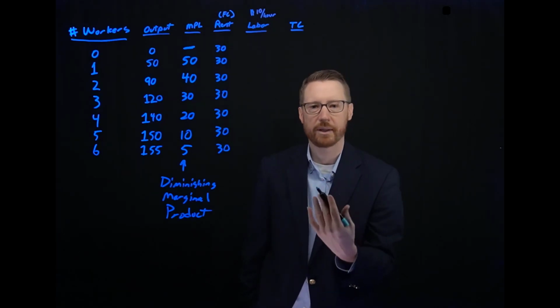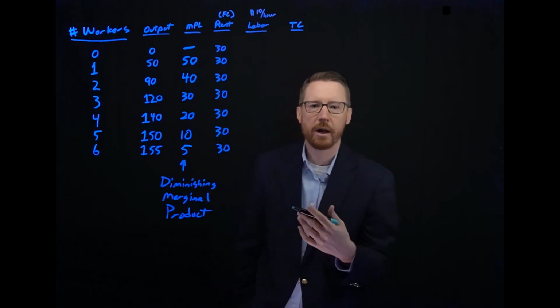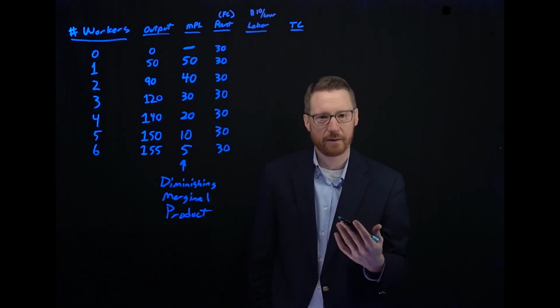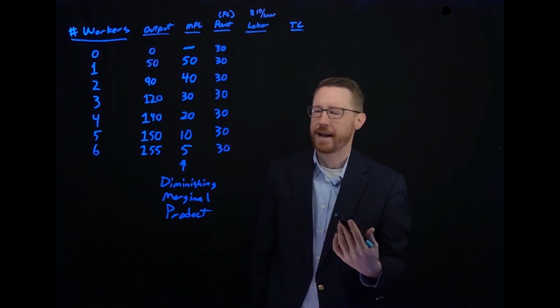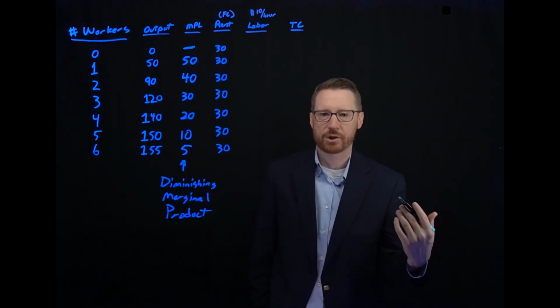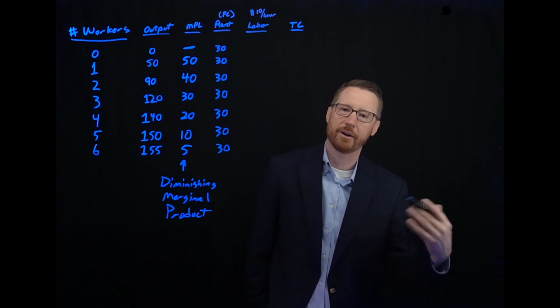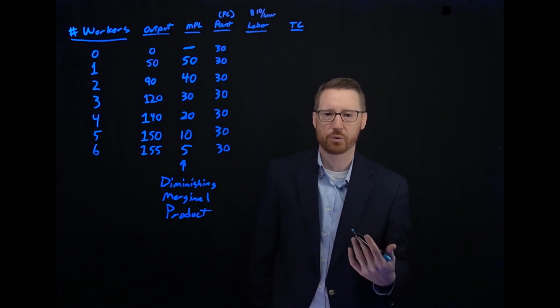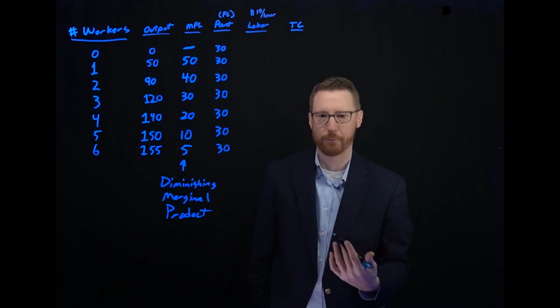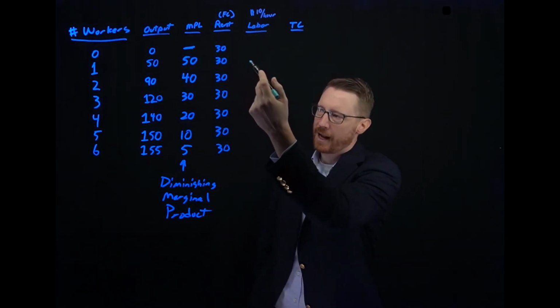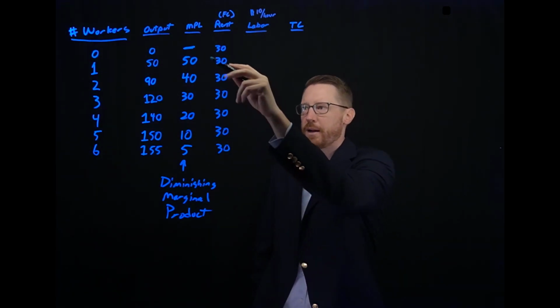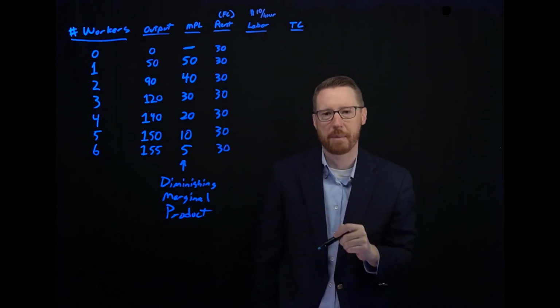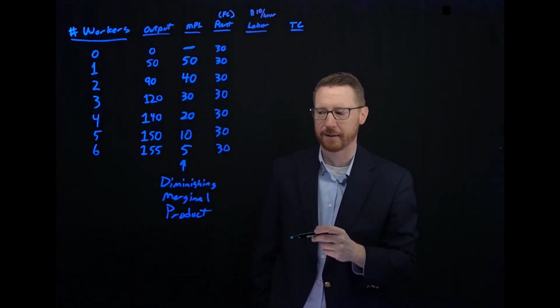Matter of fact, if you carry this on, you could imagine a scenario where maybe this even goes negative. So if you're thinking about adding cooks to a kitchen at a restaurant, well at some point you're going to hire an additional cook, and not only are they not helpful, but they just get in everybody's way and slow down output. So this marginal product of labor diminishes, and you could imagine it even going negative.